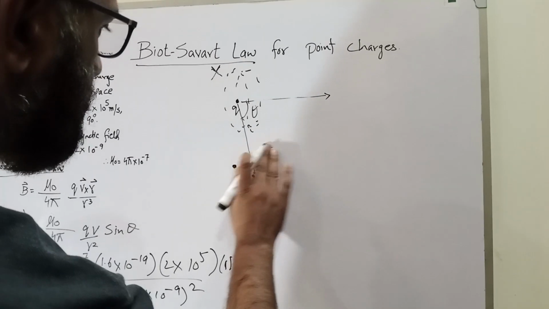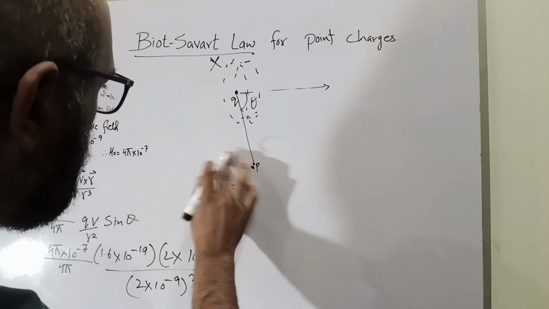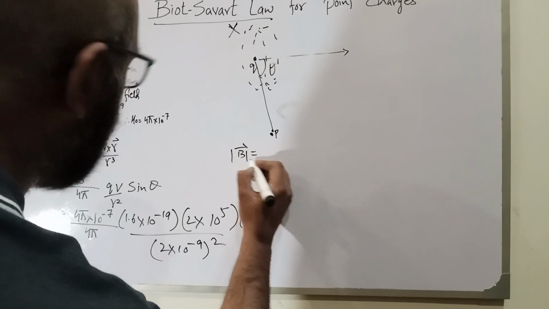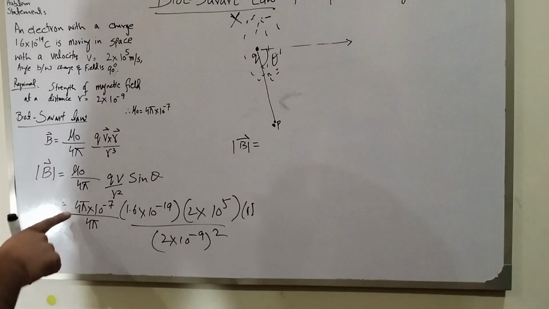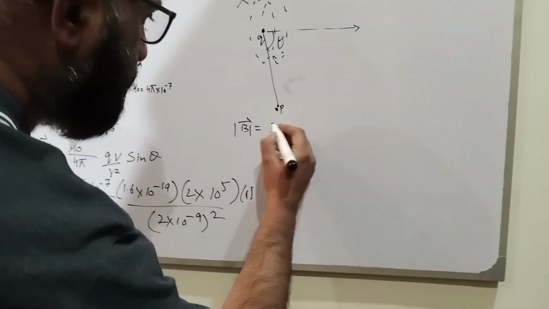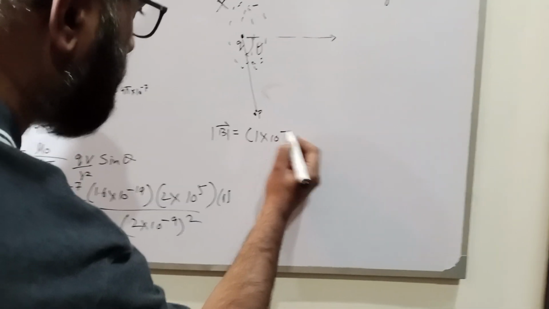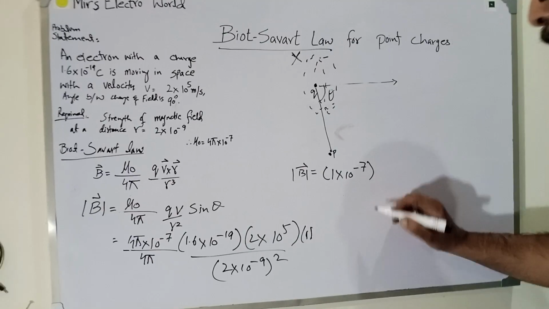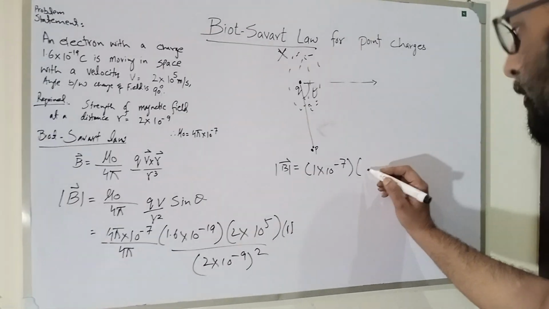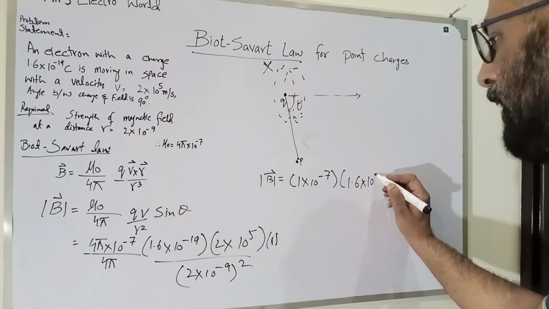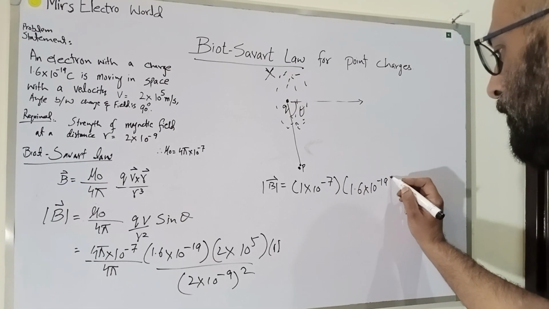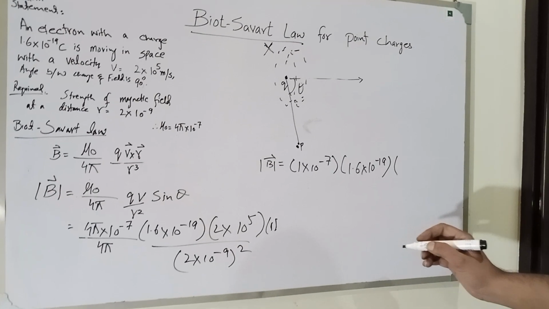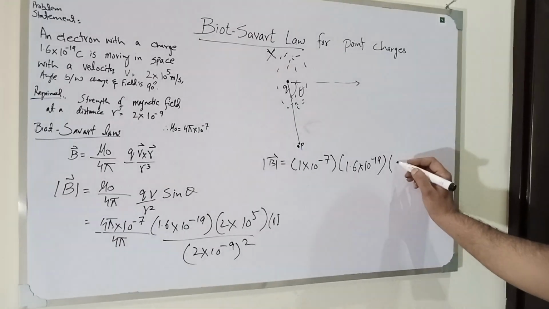Right? So just simplify it a little more. What we get is the magnitude of the field is equal to this, 4 pi will cancel, right? And what we get is 1 multiplied by 10 raised to the power minus 7, into the magnitude of this electron's charge, into its speed.